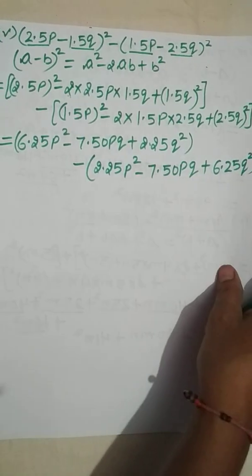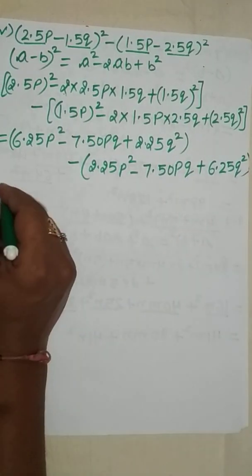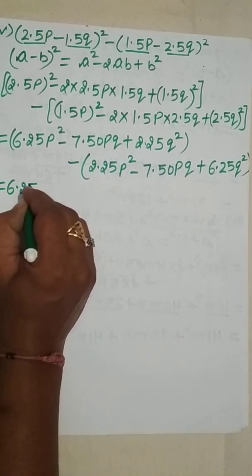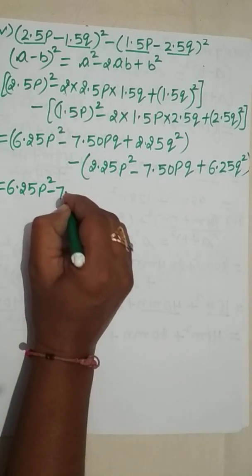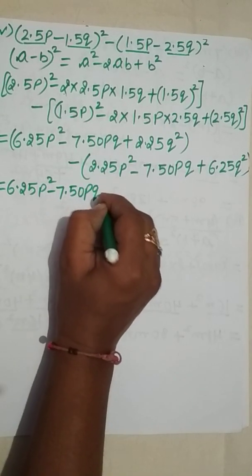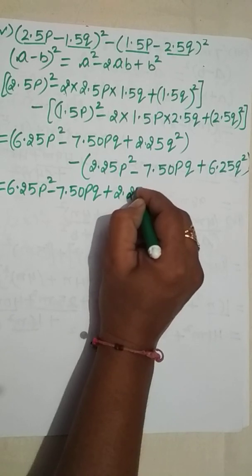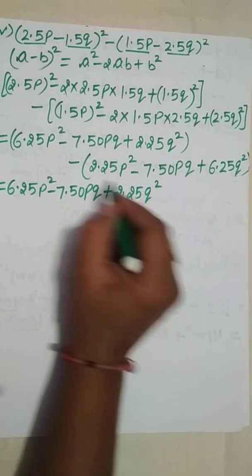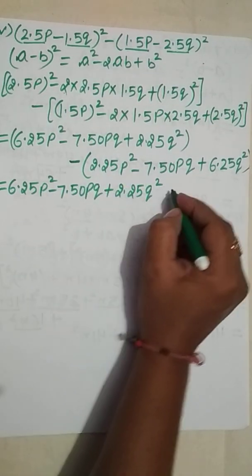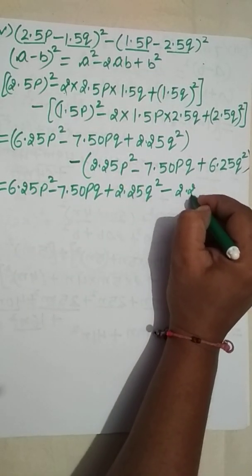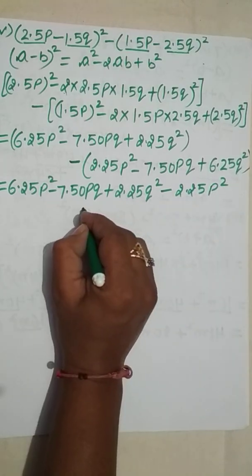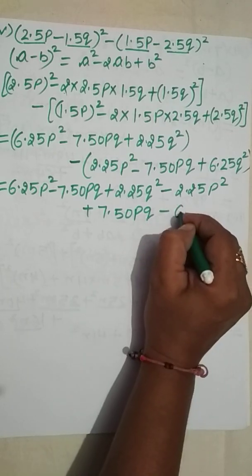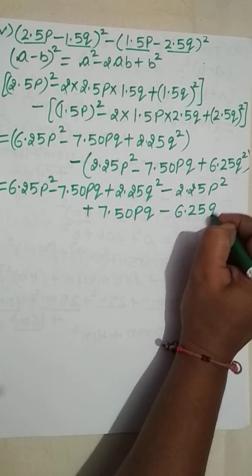Now this can be simplified as first bracket remains same, 6.25 p square minus 7.50 pq plus 2.25 q square. The sign of the second bracket will change as there is a negative sign. So minus 2.25 p square plus 7.50 pq minus 6.25 q square.